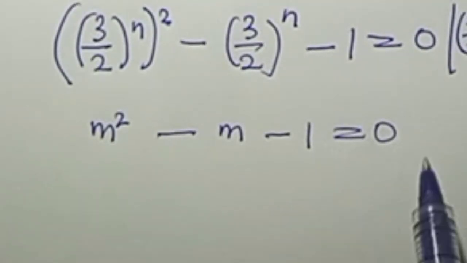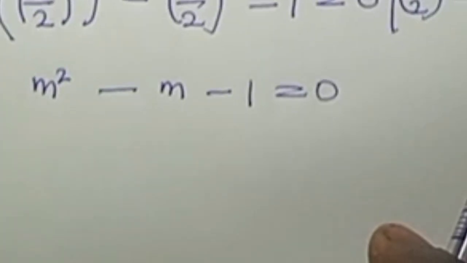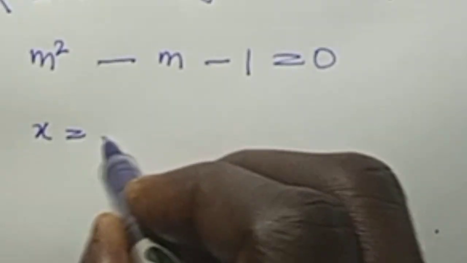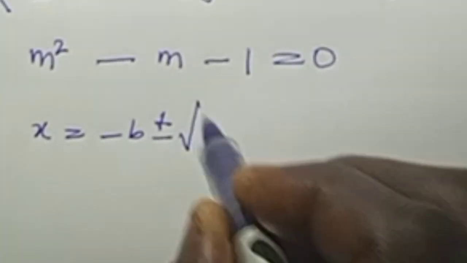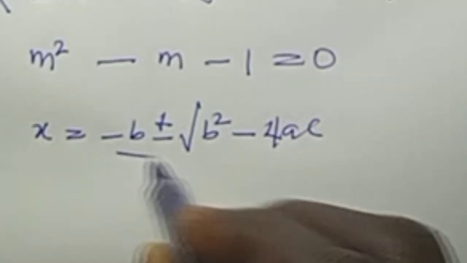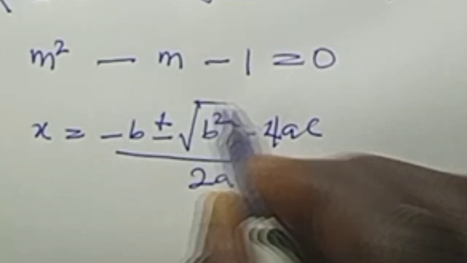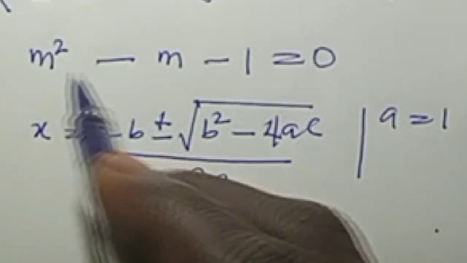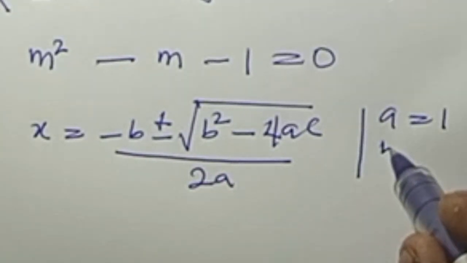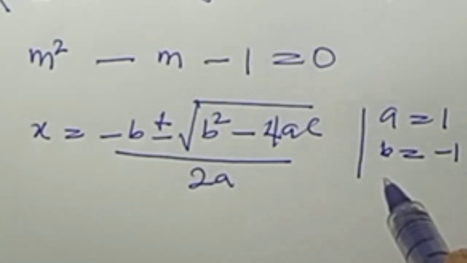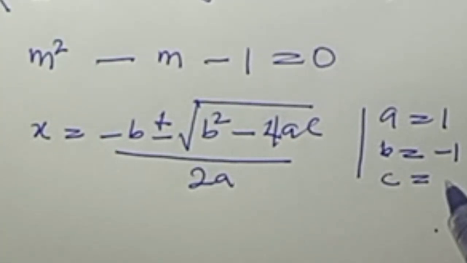But this is a quadratic equation, and we can solve this using x equals minus b plus or minus square root of b squared minus 4ac all over 2a, where a is equal to 1, the coefficient of m squared, and b is equal to minus 1, the coefficient of m, and c is the constant, also minus 1.